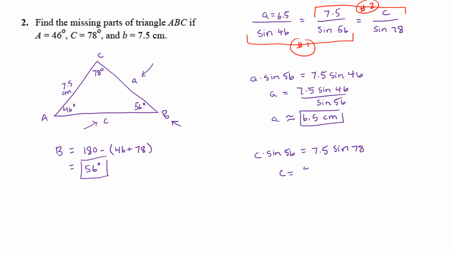To get C by itself, I'm going to divide both sides by the sine of 56. C then will approximately equal 8.8 centimeters. Alrighty.